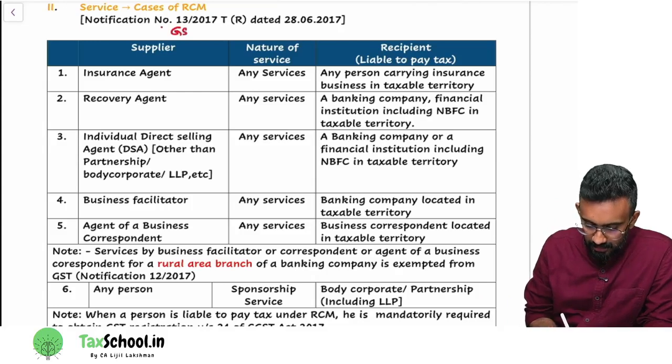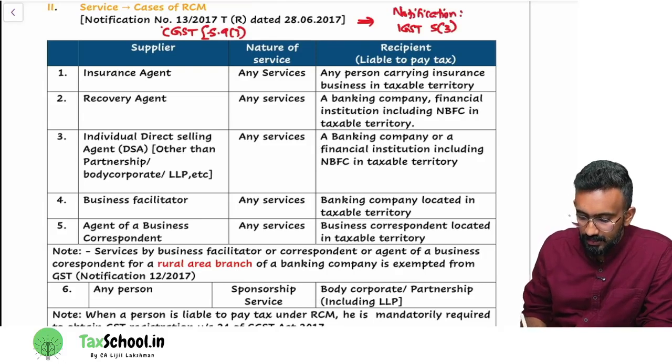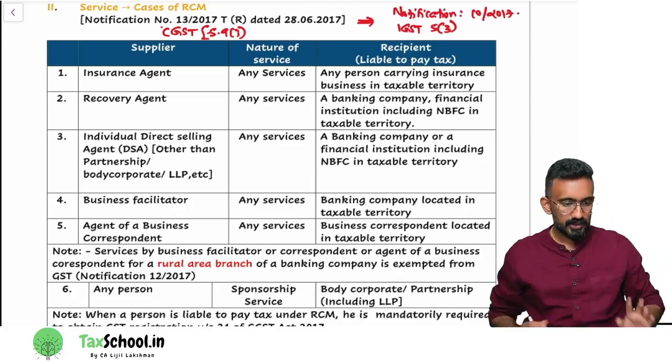Notification 13/2017 is CGST, section 9(3). The same I'm referring to in IGST, it will be section 5(3), and the notification number changes to 10/2017. This is how you will refer, right?